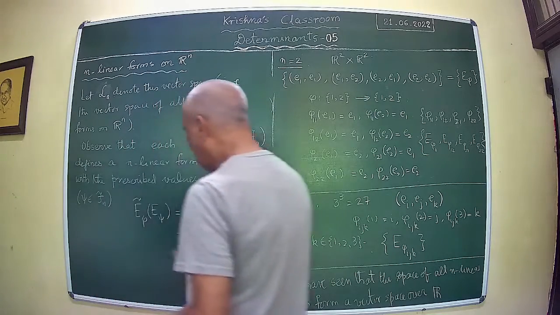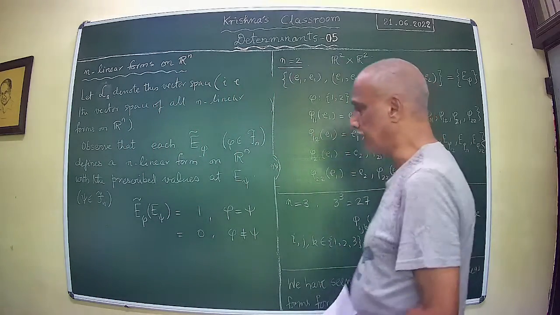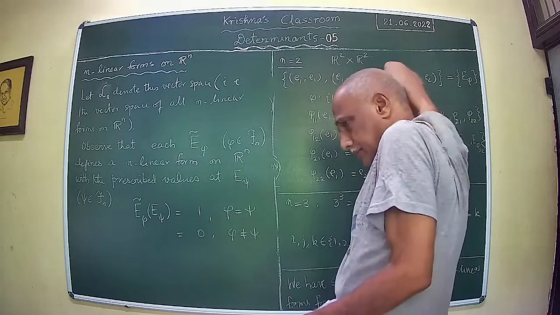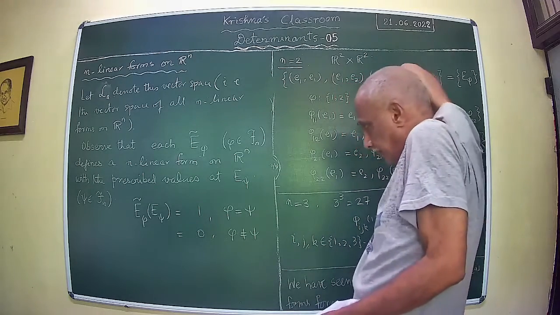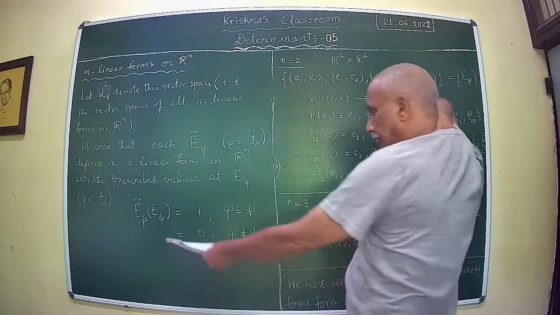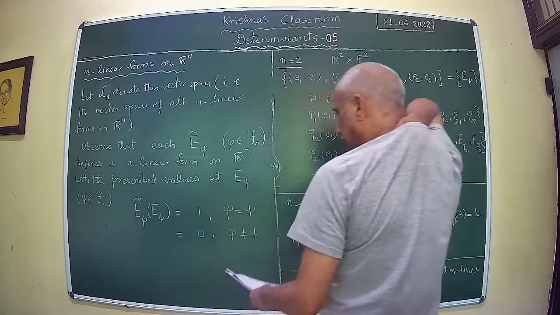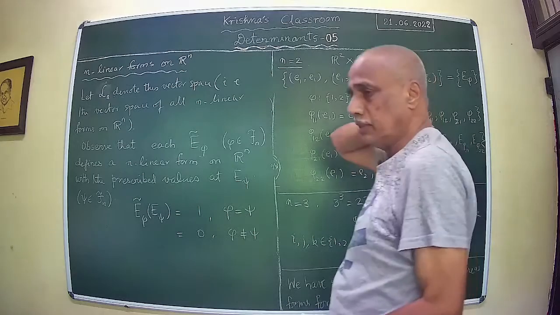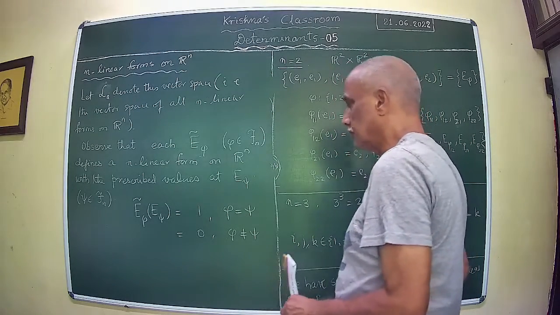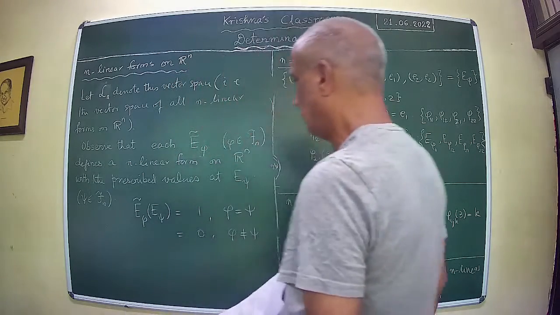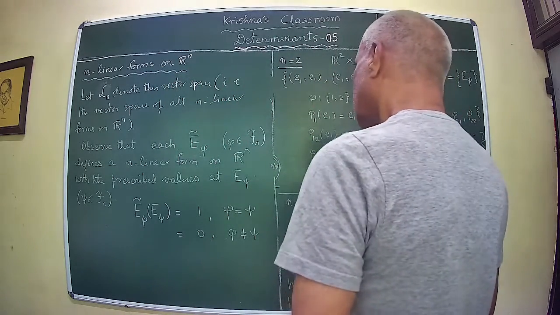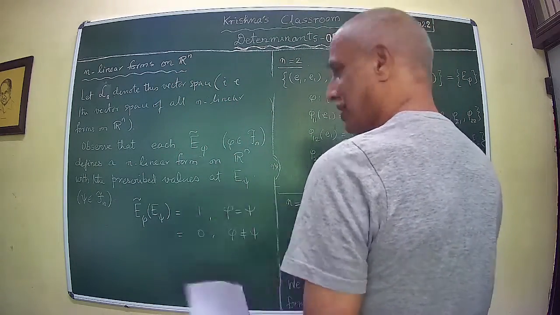So at all E psi, fix phi. Once you fix phi, you have E tilde phi defined by the values it takes at E psi for all psi over the space of functions Fn. Okay. So they are already available.